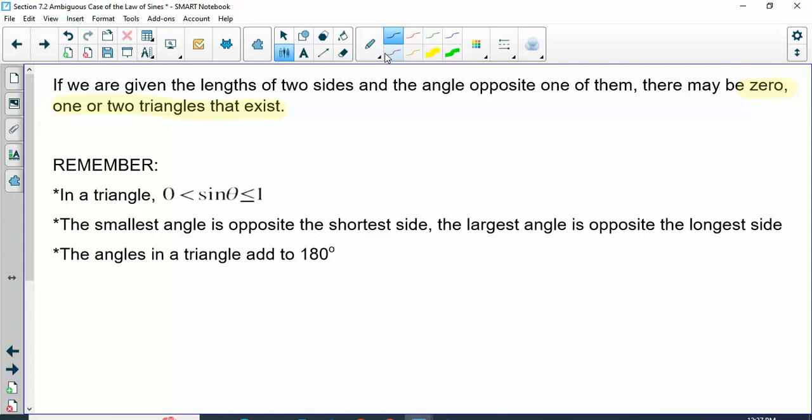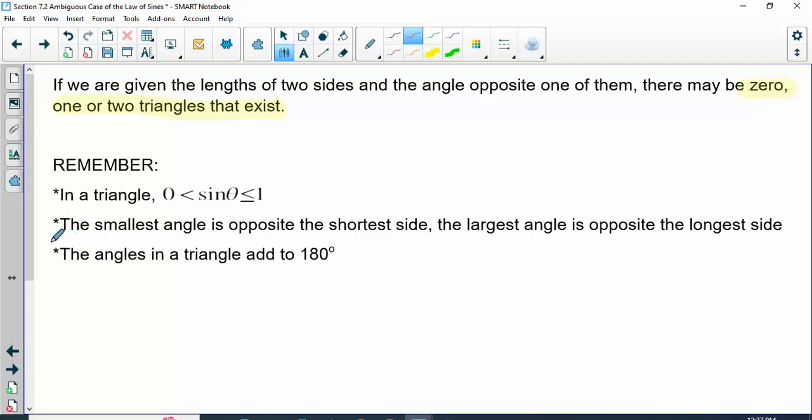We've only looked at the case where there is a single triangle that works, but sometimes we could have multiple triangles. In the problems we had before, we had 2 of the angles given to us, and we were able to just subtract from 180 to get the third. If I'm only given one angle, we have to use the inverse to get the other angles, and so it changes things.